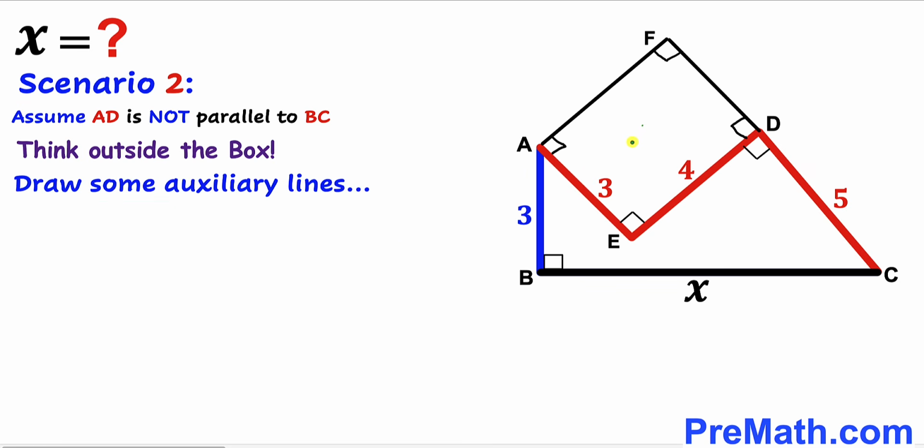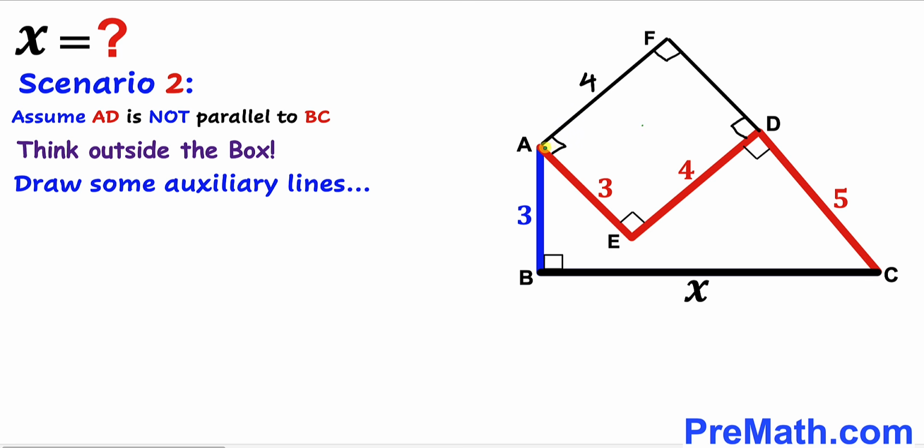As you can see in this next step, I have shifted this side DE over here, and this becomes AF. If this side is 4 units, then AF has got to be 4 units as well.